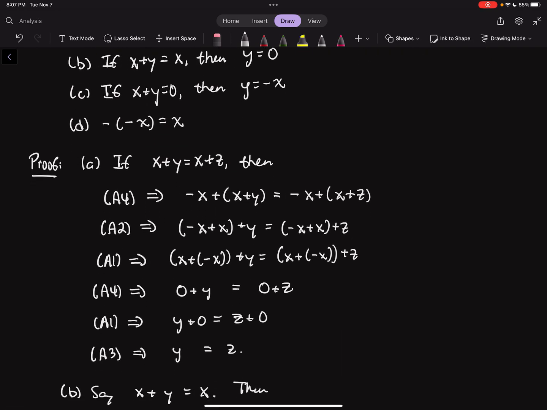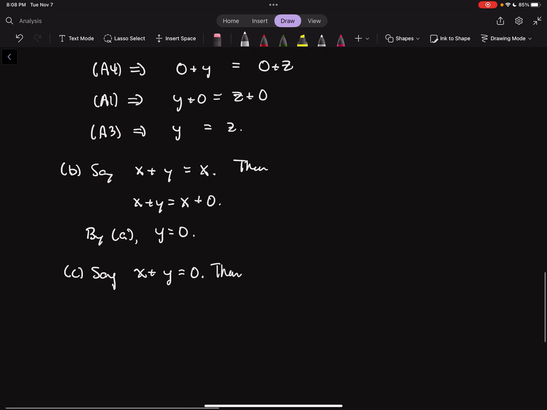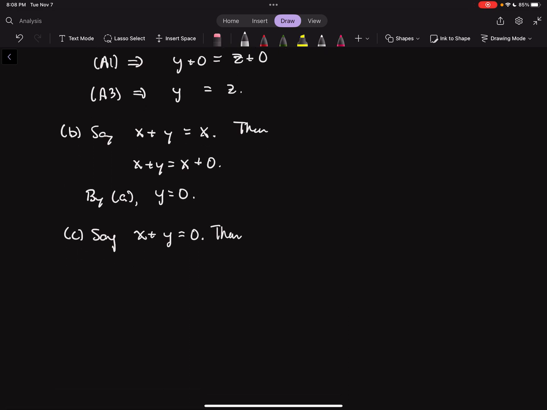Now, what do we want to do for C? I mean, we can kind of brute force this one if we want. Say x plus y equals 0. Well, then we want to add negative x on both sides. And honestly, by associativity, we really don't even need to worry about bracketing these addition statements, so I won't.